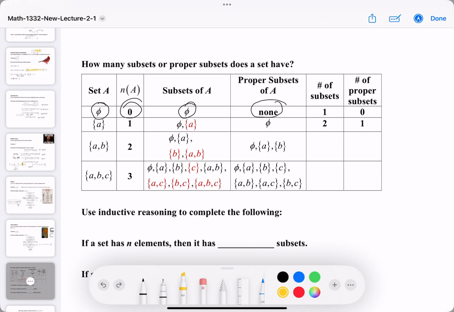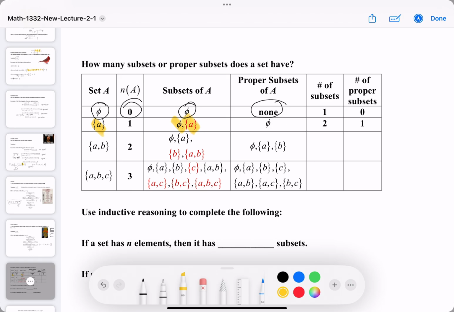If I have the set A with only one element, the cardinality is 1. A subset of A is phi, since phi is a subset of all sets. And how about another subset?